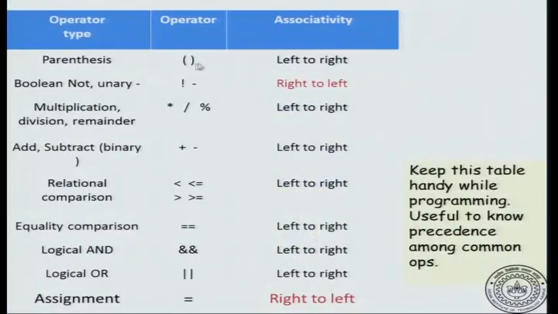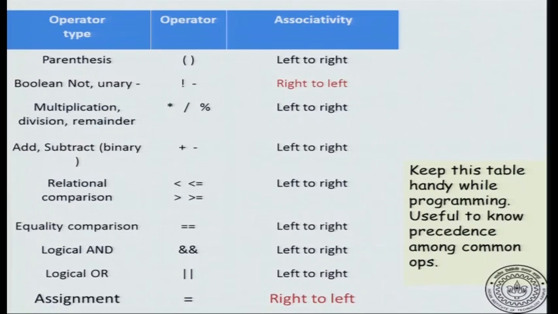There are several operations that we have seen so far: the parenthesis, the logical not, the unary minus, the binary multiplication, division, and so on, addition symbol, comparison, less than or equal to, and so on, equality, logical and, logical or, and then the assignment operator. Of these, the typical associativity is left to right.